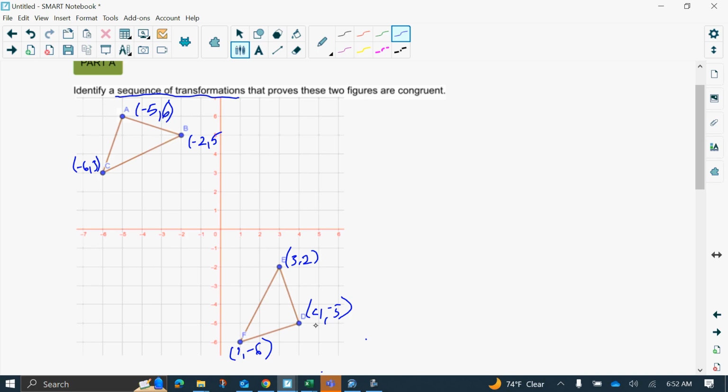So my suggestion is, let's move this down here. Now, I'm going to rotate 90 degrees.